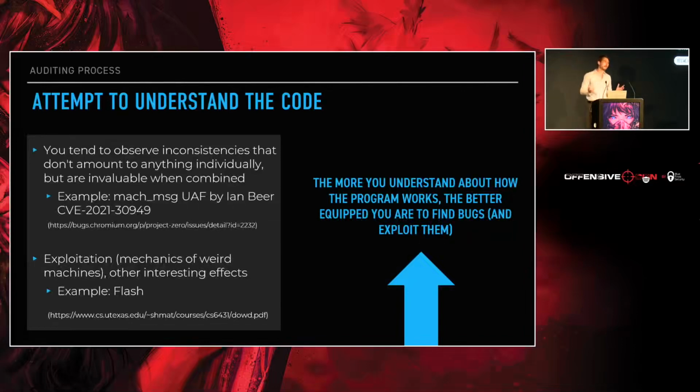Most generic techniques don't really work anymore in a lot of situations, and by really understanding the code that you're looking at, you understand the mechanics of the weird machines that are specific to this particular program. I once found a vulnerability in Flash that I published, and the vulnerability itself was not a very good one.